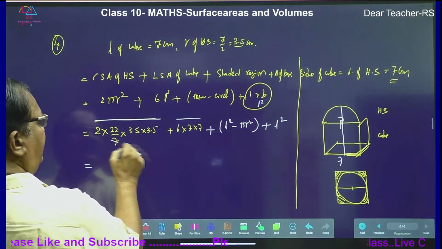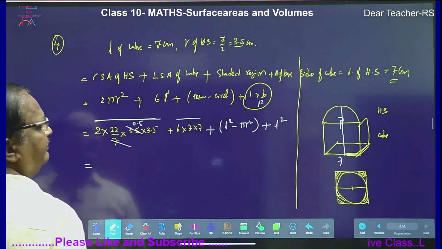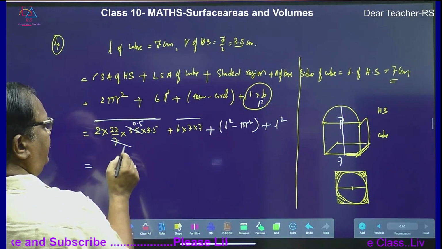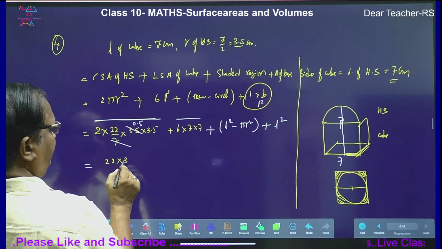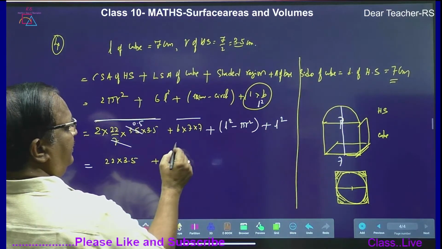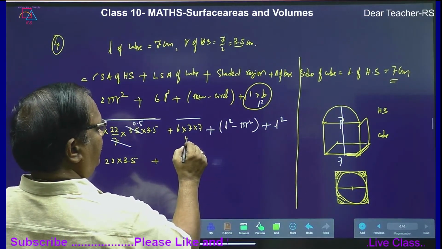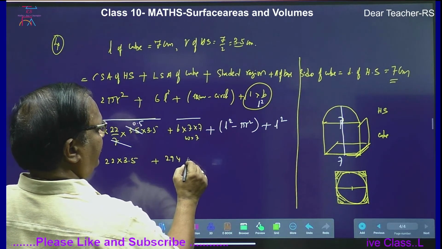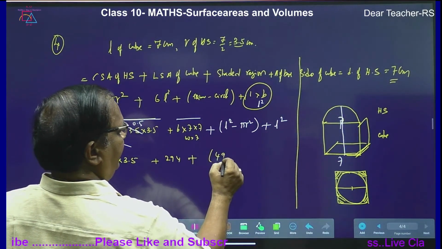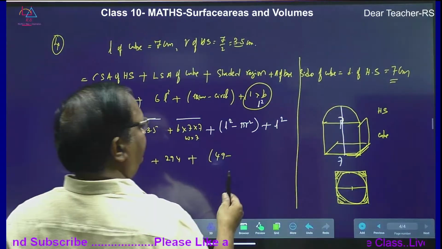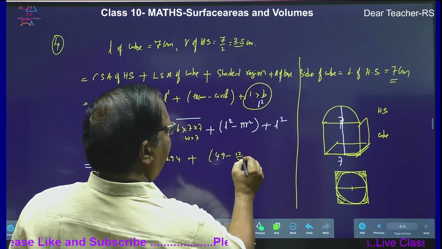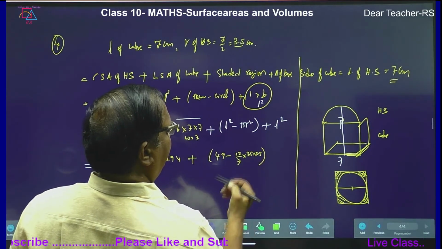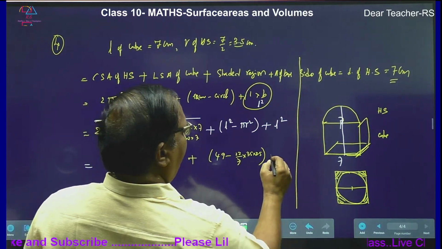So let us cancel it. 0.5 into 2 is 1, 22 into 3.5 gives 77, 6 into 49 is 294. L square is 49, minus pi r square, 22 by 7 into 3.5 into 3.5, and L square is 49.